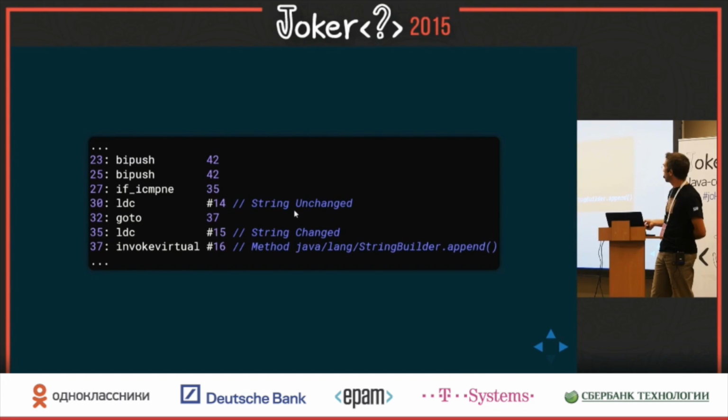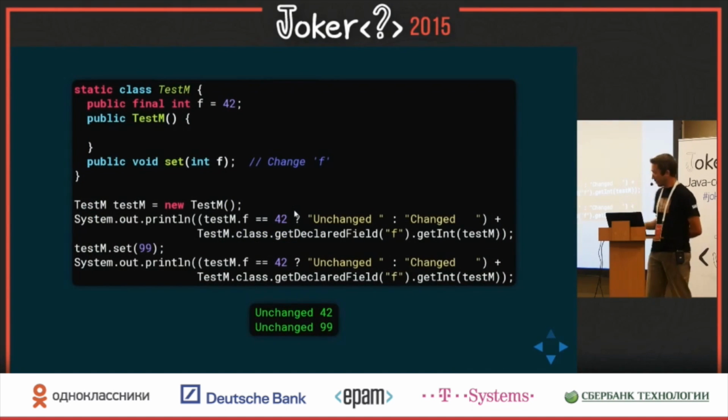We push 42 on the stack, we push 42 on the stack, and then we compare it. So no difference whether we are changing the field itself. The Java bytecode already compares 42 with 42 here. So actually, when we change the field and access it, we will get the correct values here. But here, the javac compiler has already replaced the field access by the value itself.